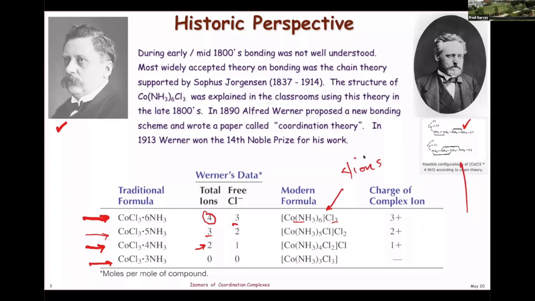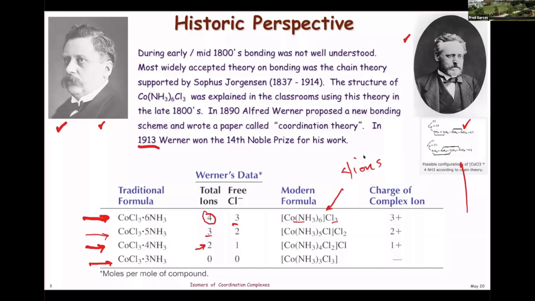Okay. And of course, between these two, Werner and Jorgensen, at the time Werner was presenting this theory, no one really believed him because they thought that organic chemistry thinking was the correct thought. But once it was proven through experiment, of course, he won the Nobel Prize back in 1913.